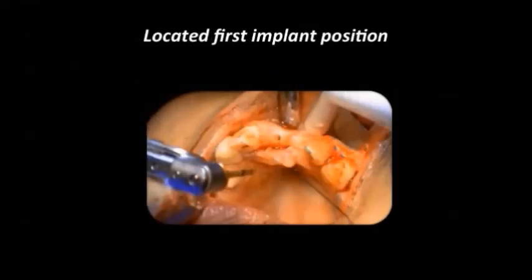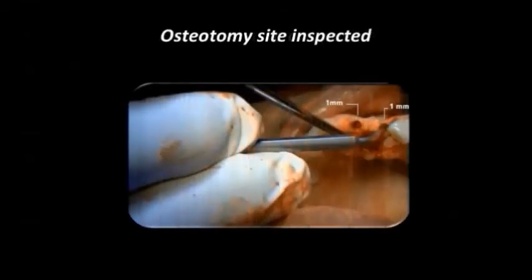You can see the first implant has been located, and if we implement the parameters, we have even 2 millimeter thickness of bone from the distal to the implant position. And then we do the second place, and then I check the osteotomy site, just after the first drill.